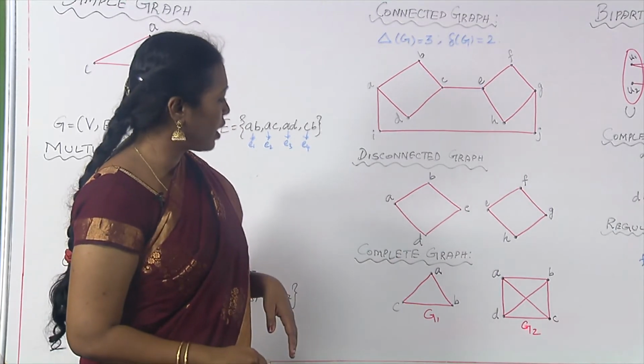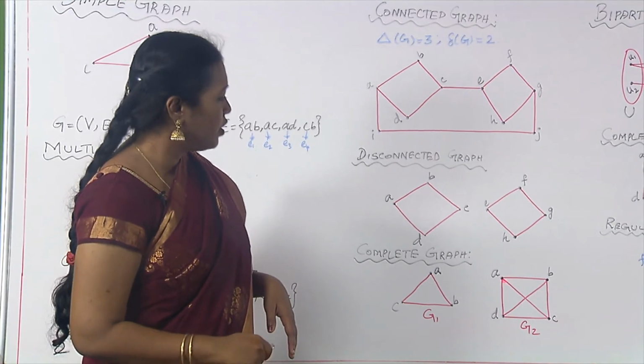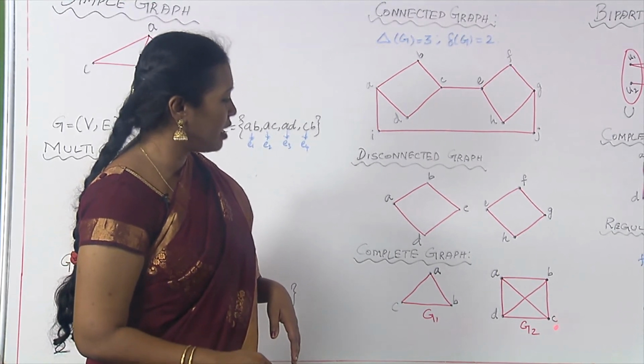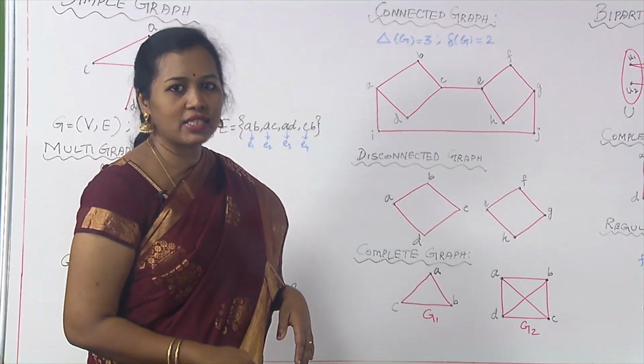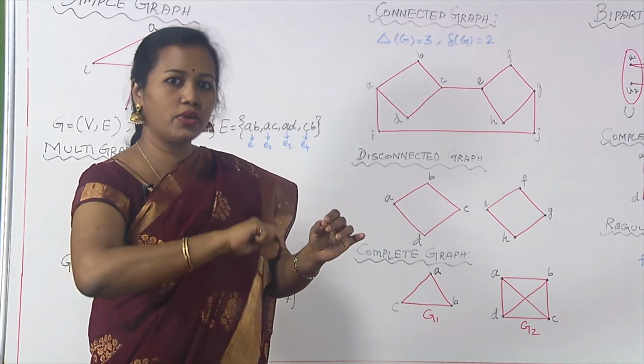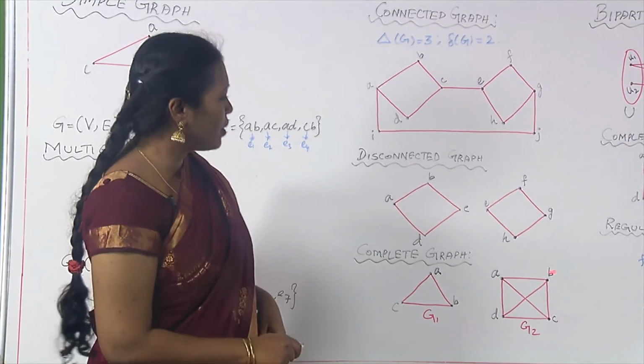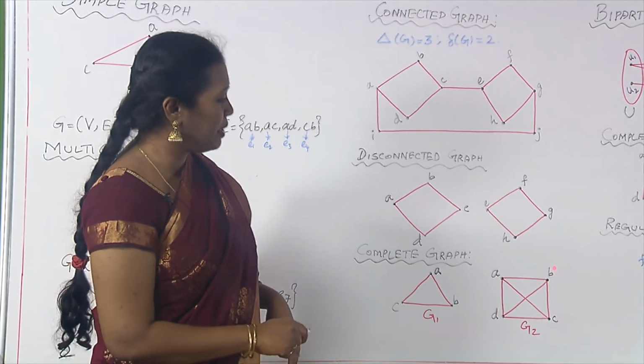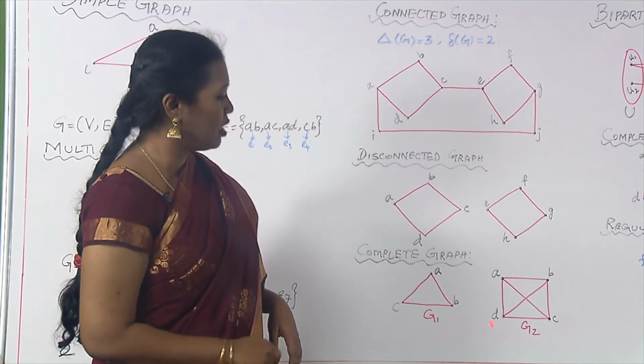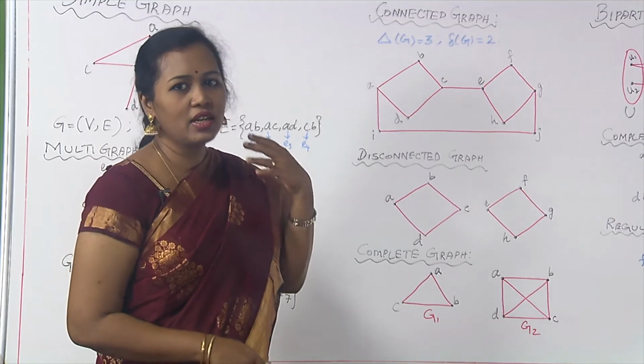And in G2, can you see there are 4 vertices? A is connected to B, A is connected to C and A is connected to D as well. So, every vertex is connected to every other vertex, and likewise B is connected to A, C and D. So, this is how you construct a complete graph.